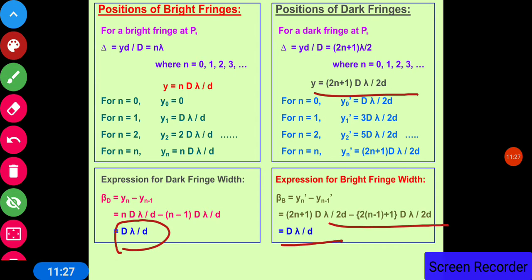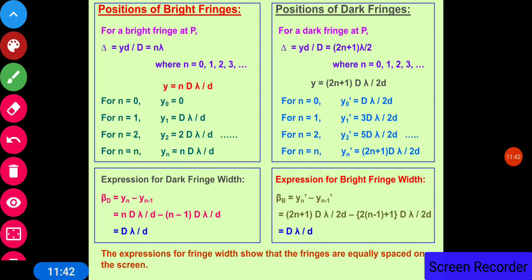So this is the expression for the dark fringe and this is the expression for the bright fringe. From these two relations we can say that all the fringes are of the same width, whether it is dark or bright. So the expression for the fringe width shows that the fringes are equally spaced on the screen.